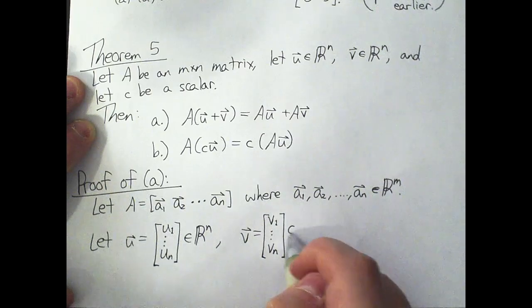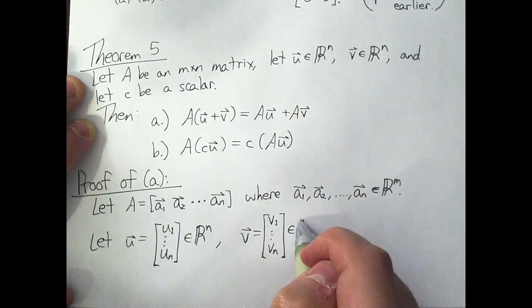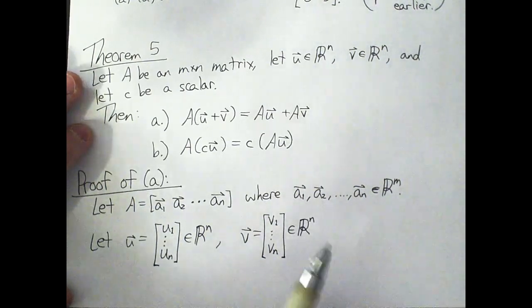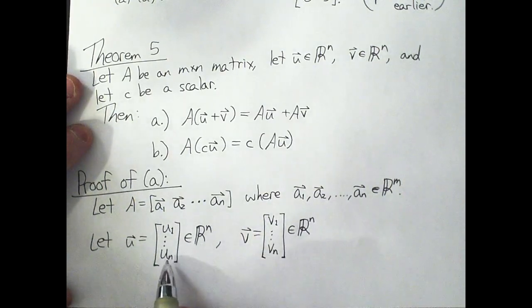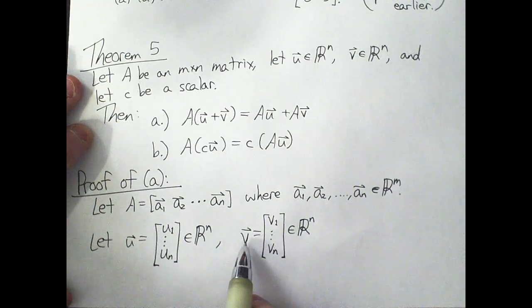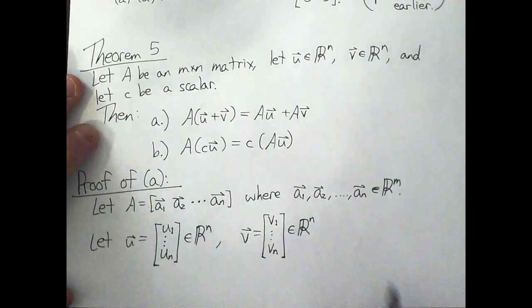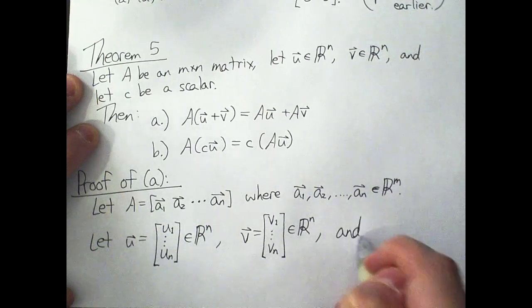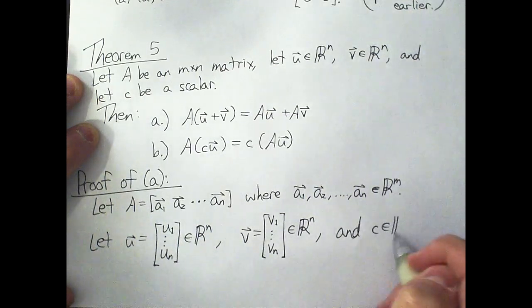By the way, don't put vector symbols on things unless they are a vector. So the U1 through UN, those are just real numbers. V1 through Vn, those are just real numbers. But V needs a vector symbol above it. U needs a vector symbol above it. And C is in the set of real numbers.